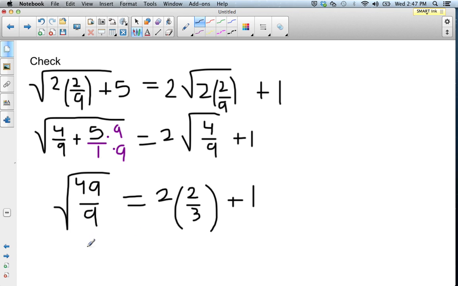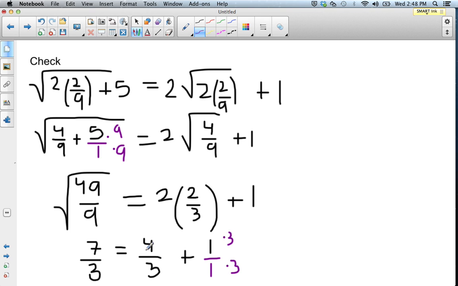Square root of 49 over 9, square root of 49 is 7, square root of 9 is 3. Remember, this is the principal root because there's no minus in front. We assume that it's positive. 2 times 2 over 3 is 4 over 3 plus 1. Again, we need a common denominator. So I'm going to put this over 1, multiply by my clever form of 1, 3 over 3.